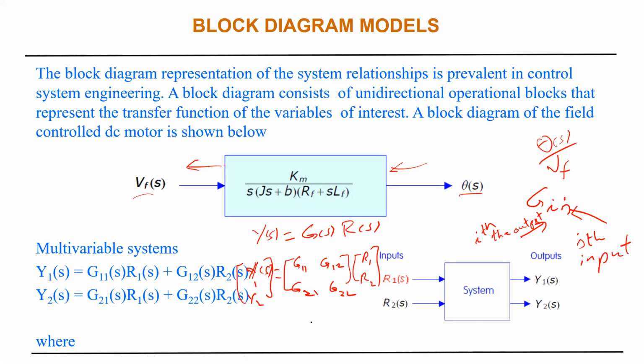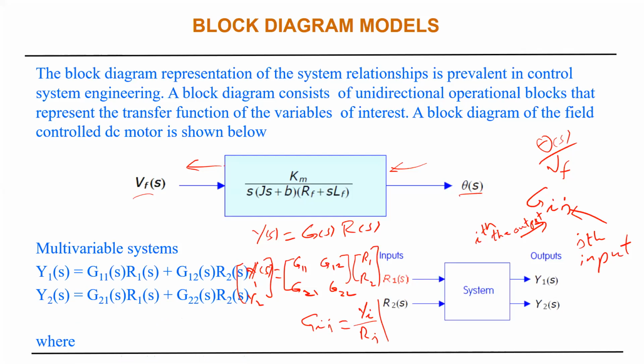And then Gij, the ith output and the jth input, equals Yi over Rj, setting all the rest of the inputs equal to 0.